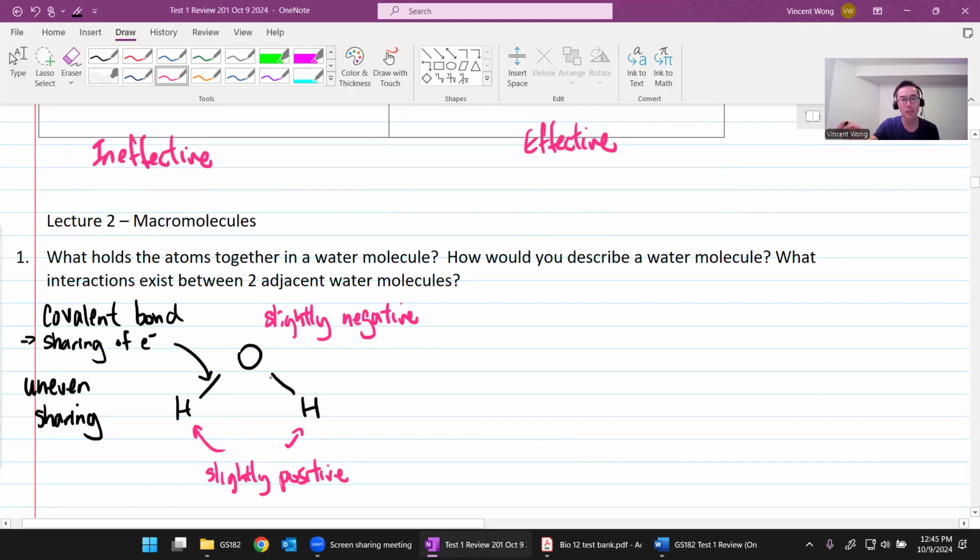What's the word we use to describe a molecule like this, where it's slightly positive on one side and slightly negative on the other side? That's right. It is polar. So how would you describe a water molecule? Polar.